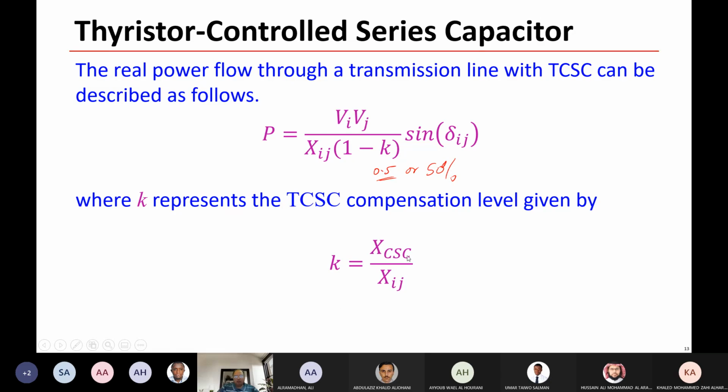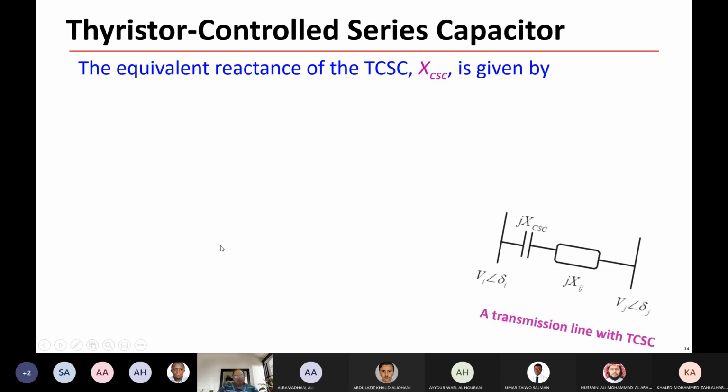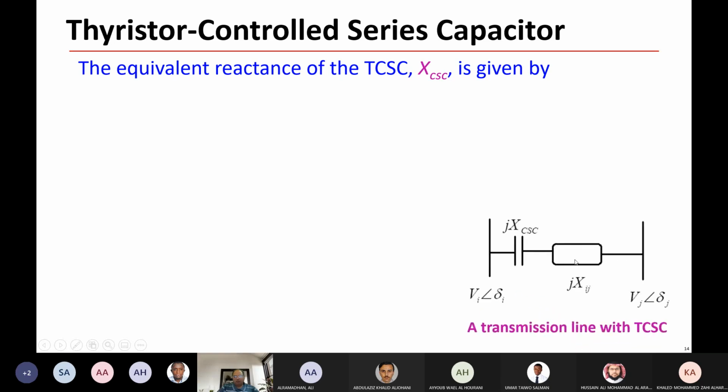The ratio between X of the capacitor over X of the line, and in this case you can have the thyristor controlled series capacitor here, and of course by controlling the firing angle, alpha is the firing angle here.